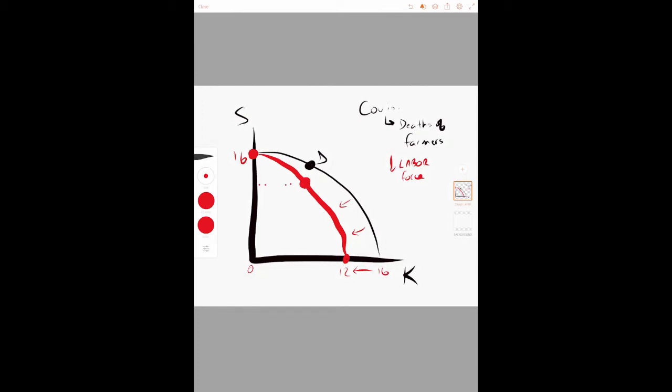Sorry, this should have been 100, and let's say this is 75. So maybe this was 12 units of steel and 50 units of ketchup, and we thought of that as inefficient when we were on the black curve, but now it's efficient. And that's no good. That's bad for our economy because we've lost some of our labor force.